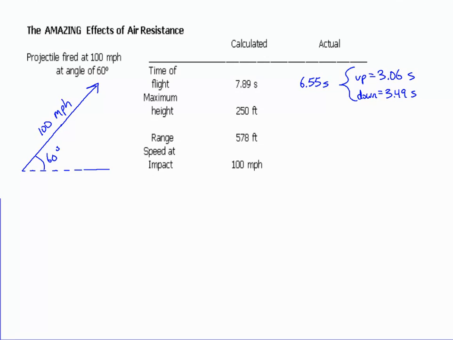So the air resistance is slowing it down on the way up, and then it continues to be slowed down by air resistance on the way down. Calculated maximum height is 250 feet. The actual, 173 feet. Again, this is the air resistance resisting its motion.